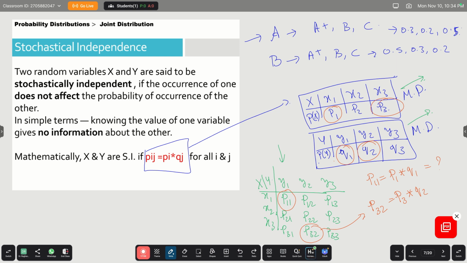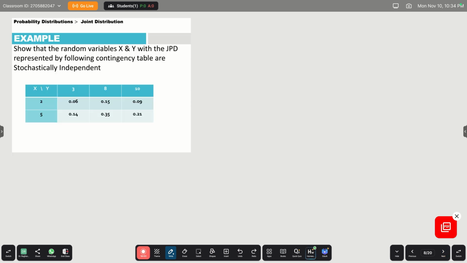Okay, so let us take a couple of examples. Show whether the random variables x and y with the joint probability distribution represented by the following contingency table are stochastically independent or not. So what is P11 here? 0.06. P12 is 0.15. P13 is 0.09. This is P21, this is P22, and this is P23.